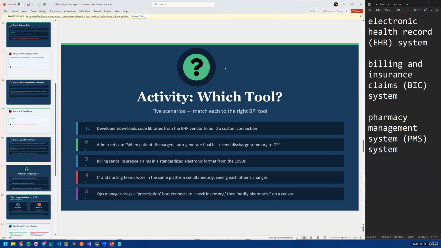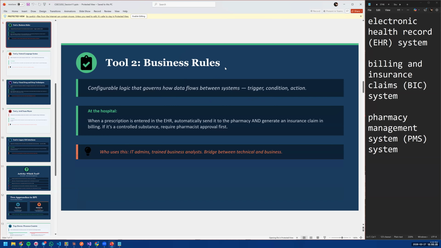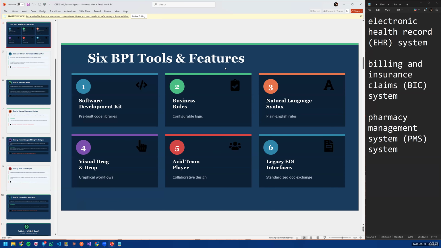Remember, going back to what we have, the way I was describing the levels of technicality on the spectrum, where you have tool number 1 being the most technical and tool number 4 being the least technical. SDK, that one is code. You go in and write whatever programming languages your application needs, and that's how you implement the logic. Business rules is configuration, so it still requires technical knowledge.